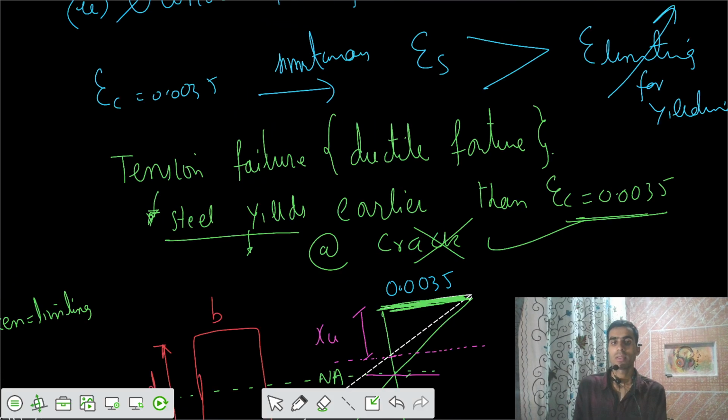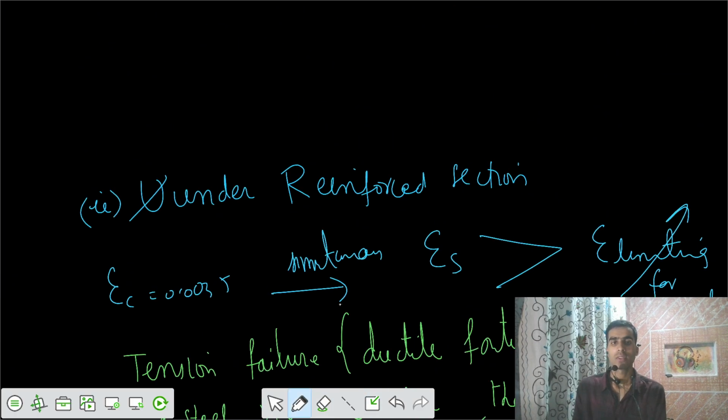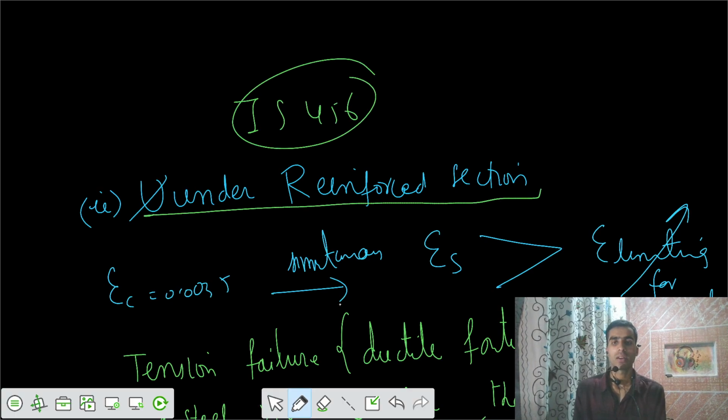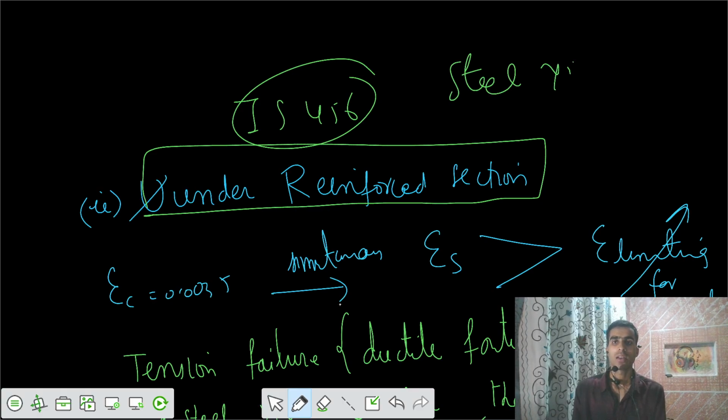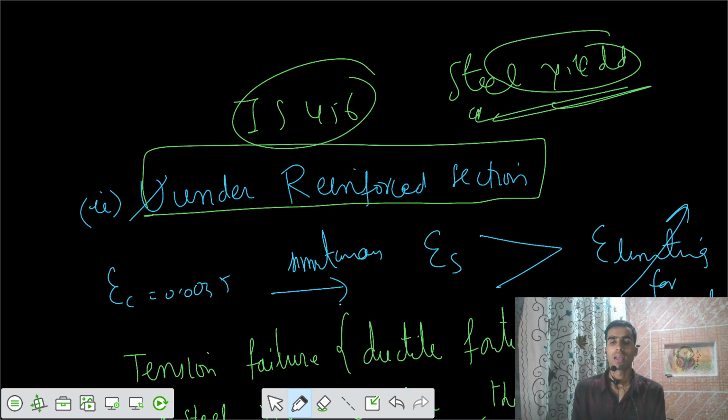Our code, IS 456, recommends that your section should be an under reinforced section, such that your steel is going to yield earlier. If your steel yields earlier, you are using that steel in a better way.